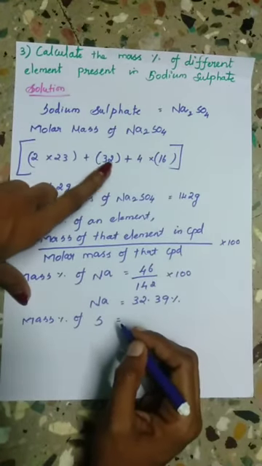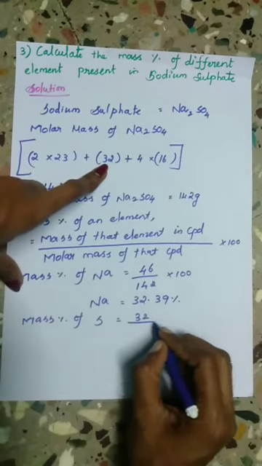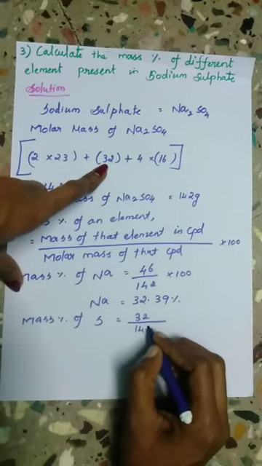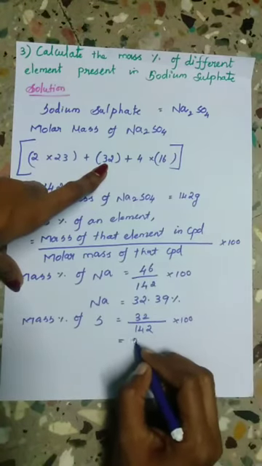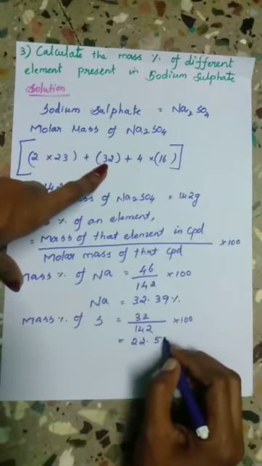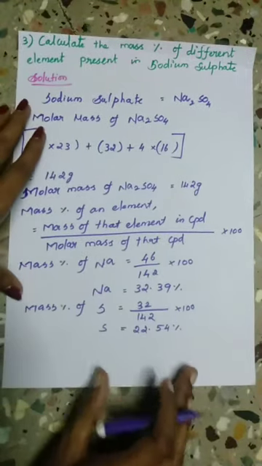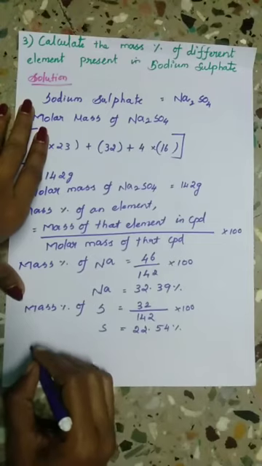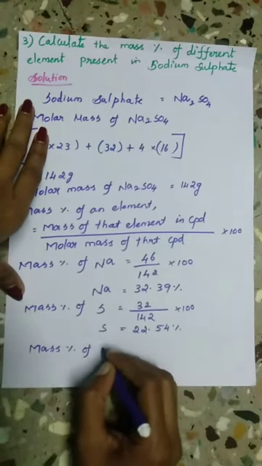So sulfur here, that is 32 molar mass. 32 divided by 142 multiply 100. The answer is 22.54% for sulfur's mass percent. Next one is mass percent of oxygen.